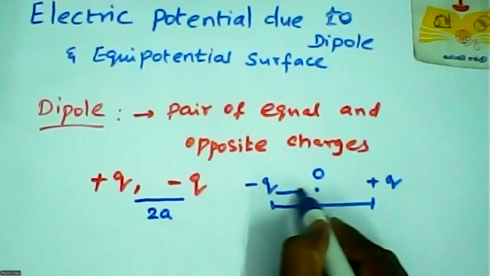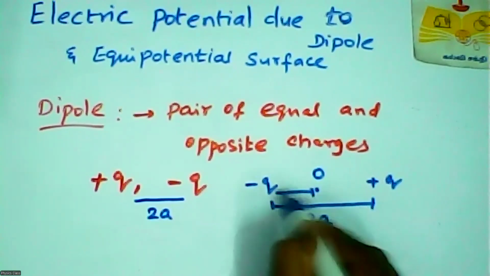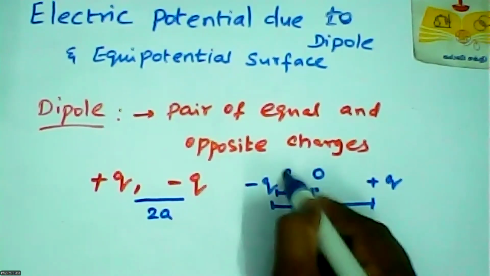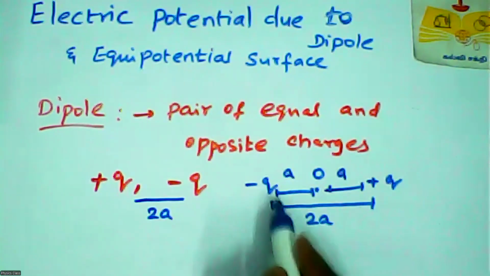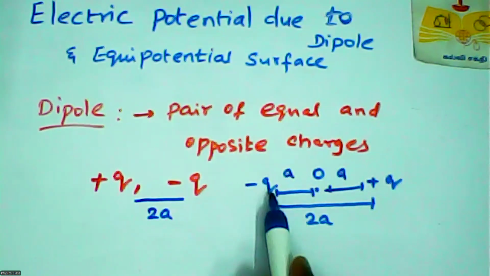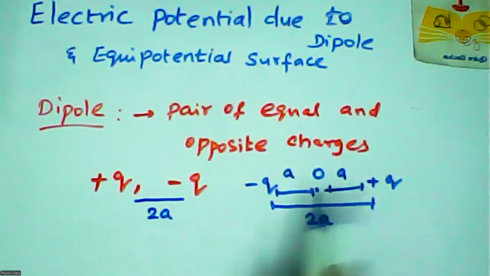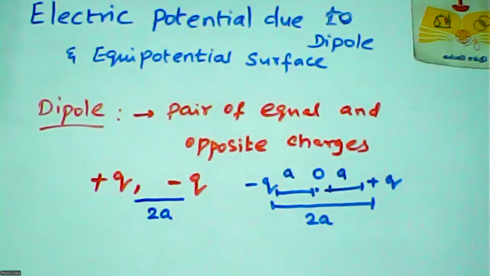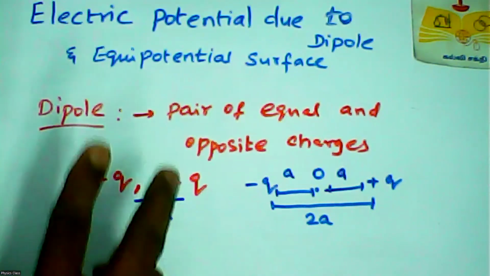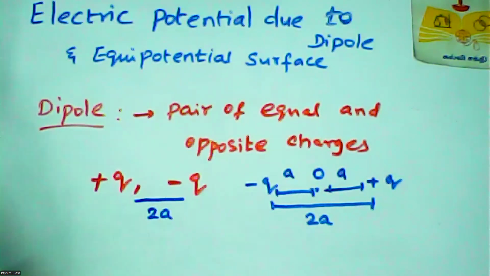The distance from any one charge to the origin is a. Then only can we say the distance between these two charges is equal to 2a. So this is the electric dipole. Di means two, electric means charges, so two charges placed like that.